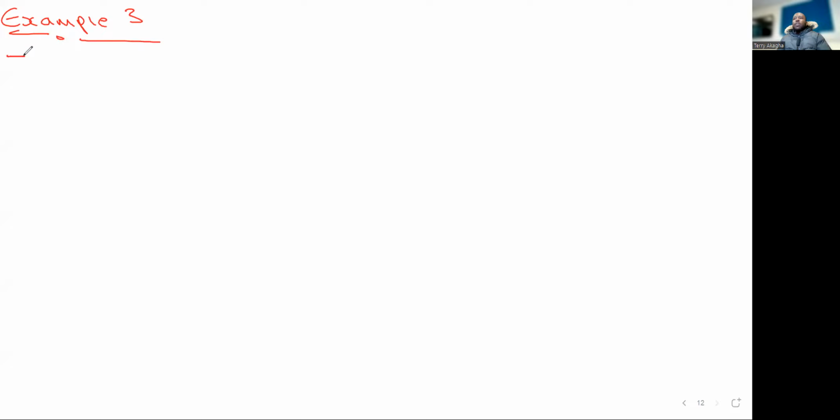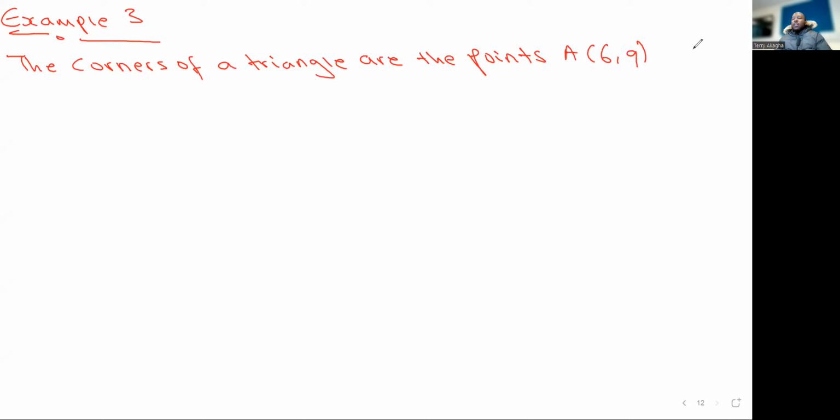I have this question here. They said the corners of a triangle are the points A, we have 6 and 9. Then B, we have -2 and 7.